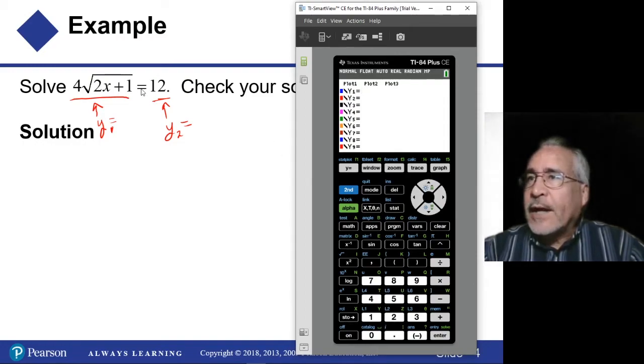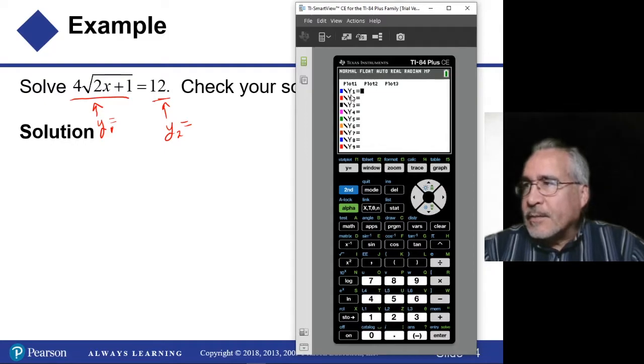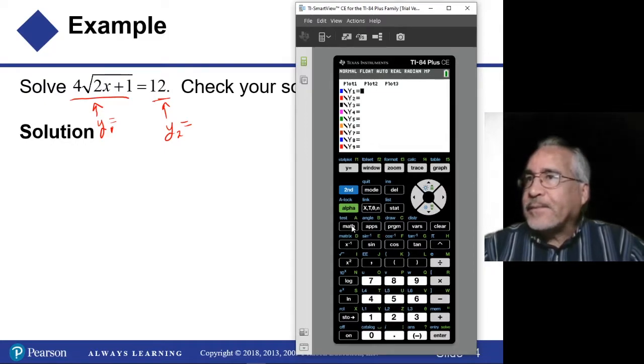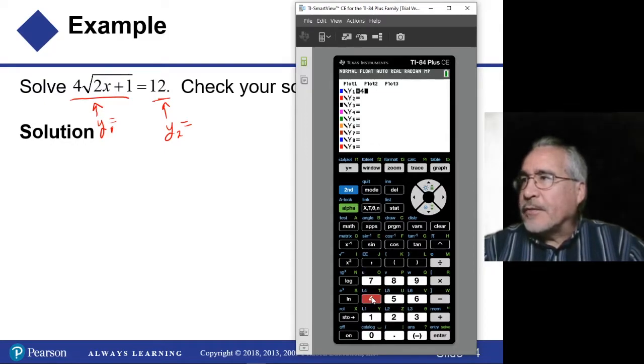So what we do is we graph the left-hand side, notice as y1. So we'll put in 4 square root of 2x plus 1. The x is the variable key, which is up here. And notice as I click things, the buttons turn red.